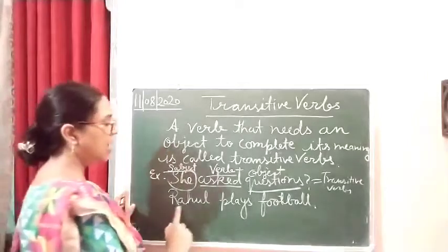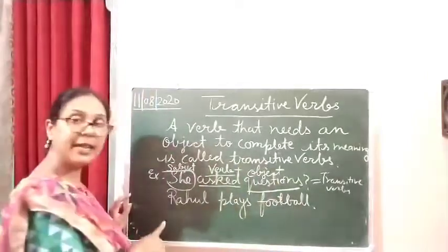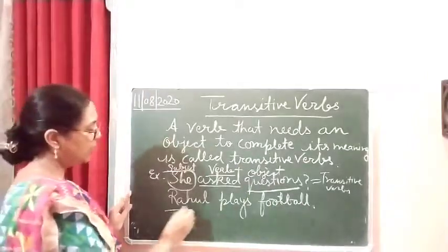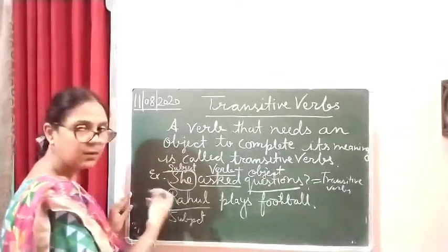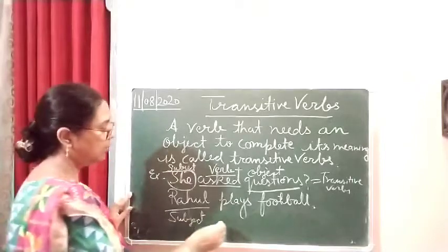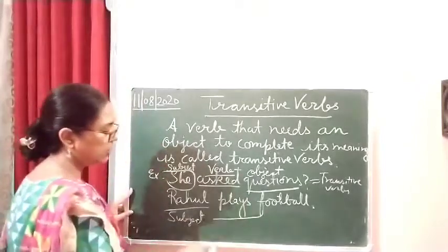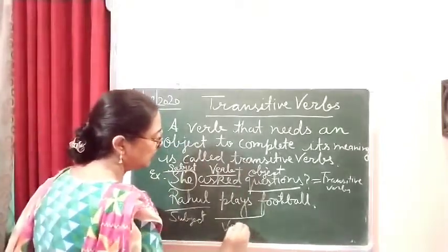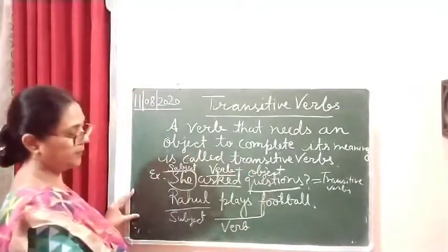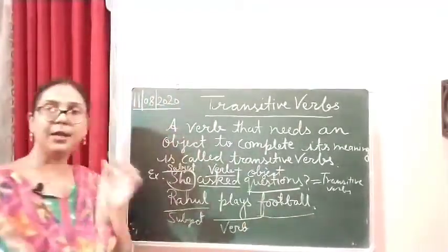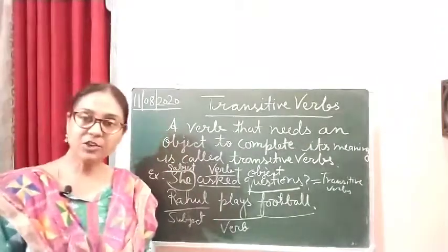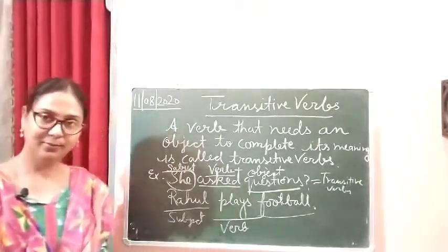This sentence has become a transitive verb sentence. Now, Rahul plays football. In the second example, Rahul, of course, is the subject. Who plays football? Rahul plays football. What is his action? His action, or you can say the verb, is plays. And now on which object is the action going on?